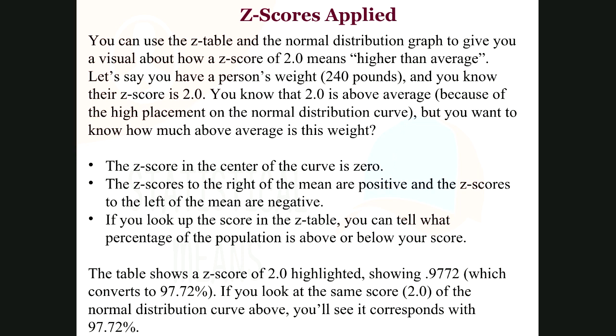If you look up the score in the Z table, you can tell what percentage of the population is above or below your score. The table shows a Z score of 2.0, showing 0.9772, which converts to 97.72%. If you look at the same score 2.0 on the normal distribution curve, you'll see it corresponds with 97.72%.